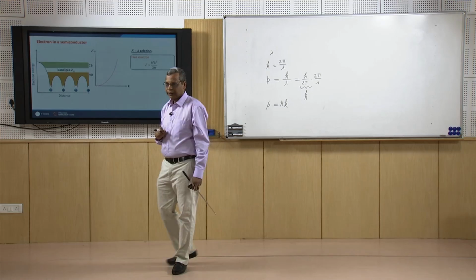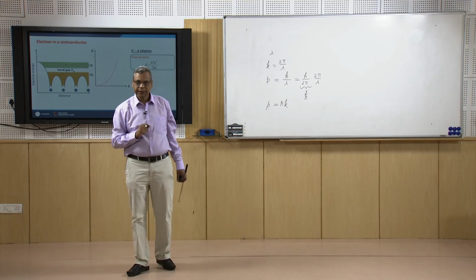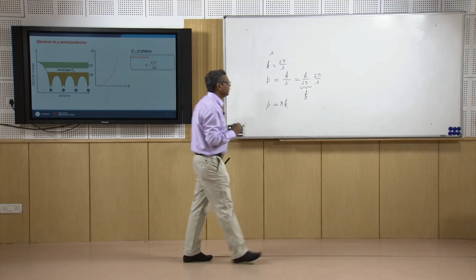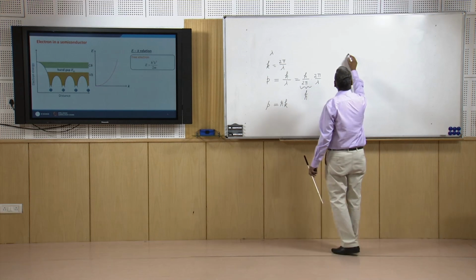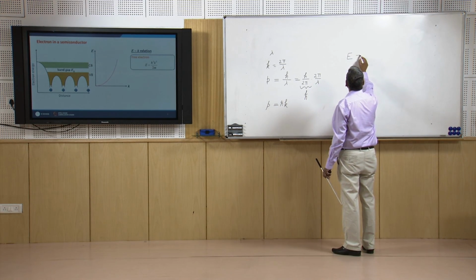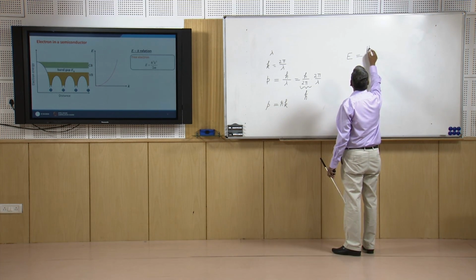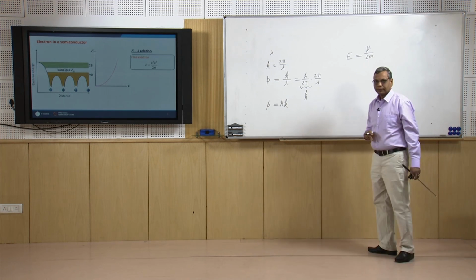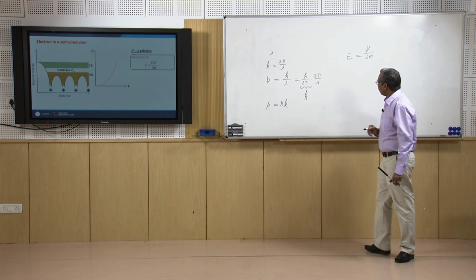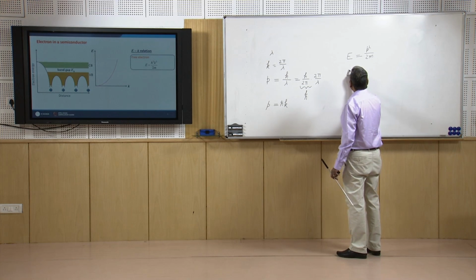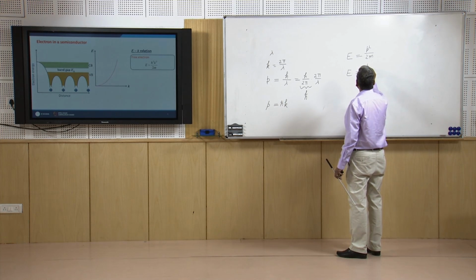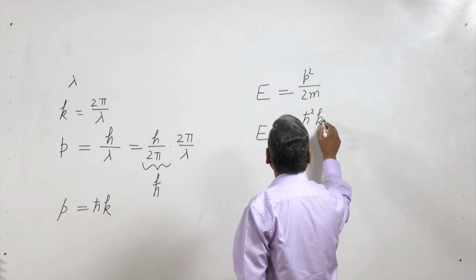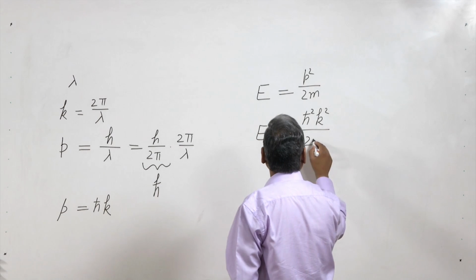Now, if electron is in free space, then its kinetic energy can be given by E is equal to p square over 2 m. Or I can write it down as E is equal to h cross square k square over 2 m.